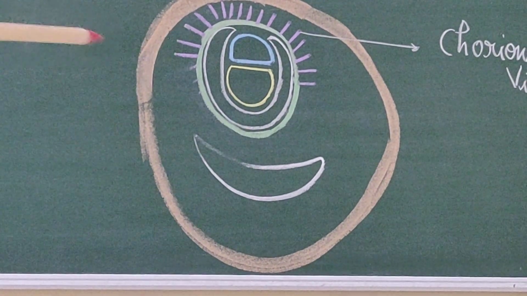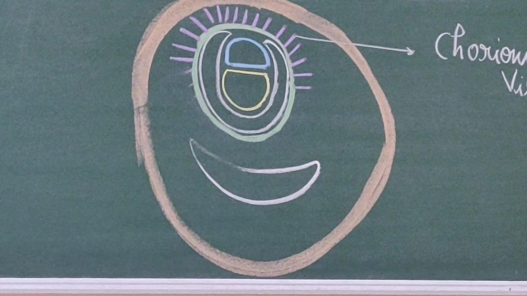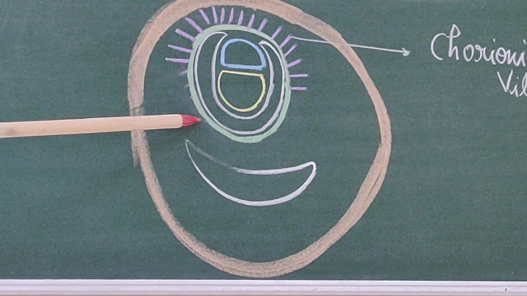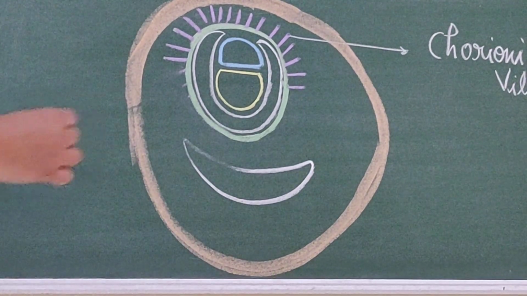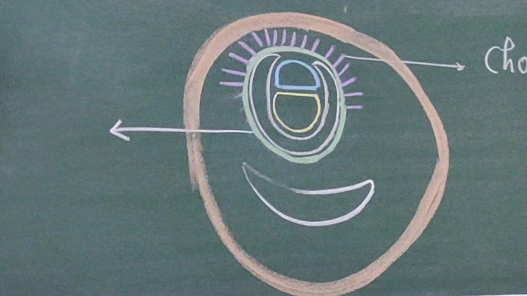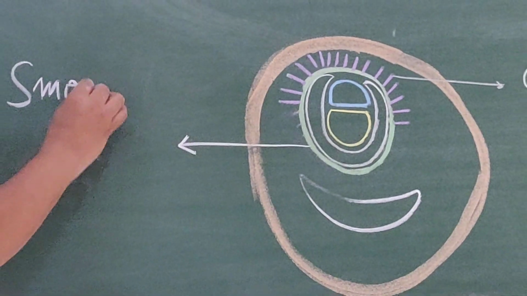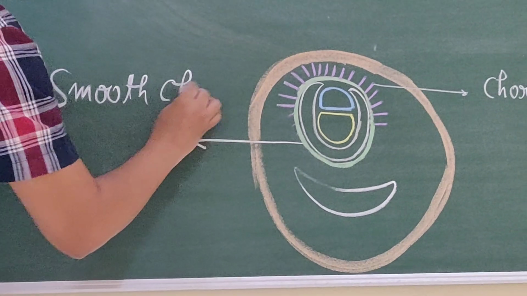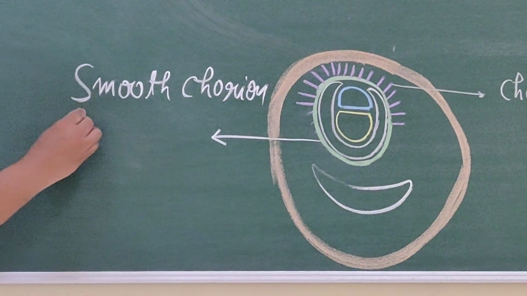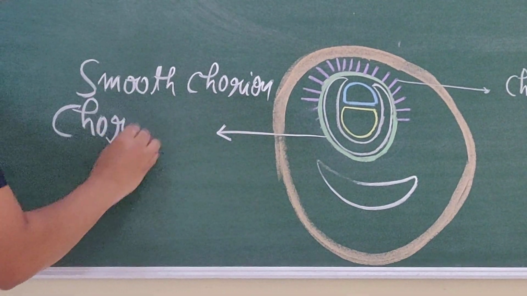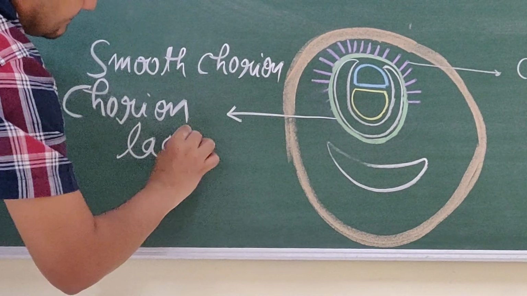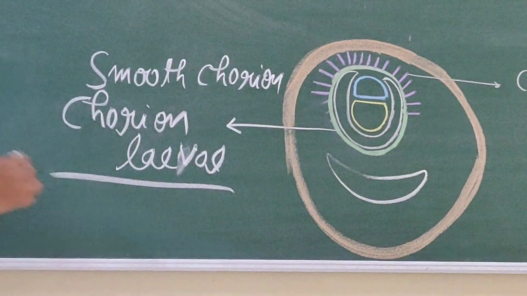These villi degenerate and the region of chorion becomes smooth. This is known as the smooth chorion, or the chorion laeve.